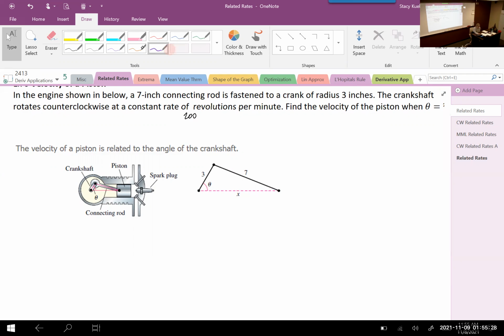So what do we know? We know that our revolutions per minute, which was d theta dt, is equal to 200 revolutions times 2 pi for each individual revolution, right?